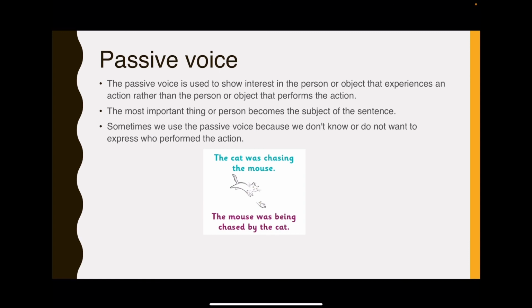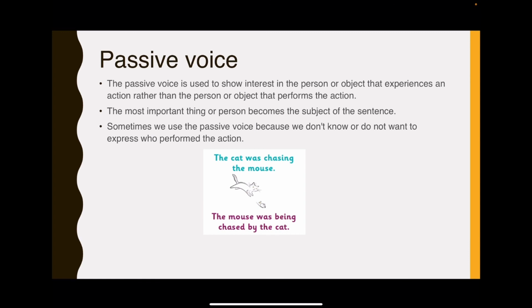Here is an example: the cat was chasing the mouse. This is the active voice, because we merely focus on the cat who did this action. But another one, the mouse was being chased by the cat. Here we change the interest to the object that experienced the action of being chased.